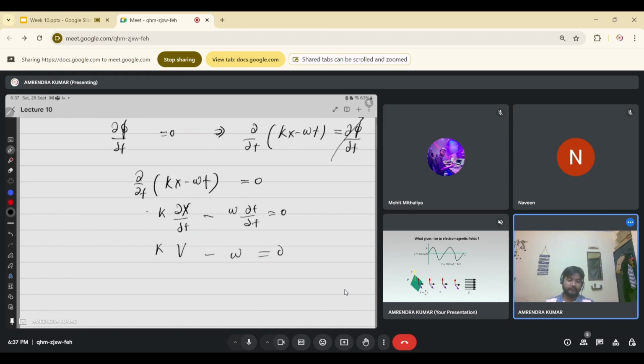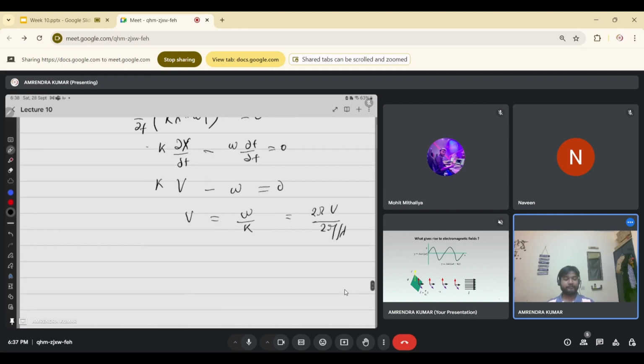So dx over dt, the displacement over the time, the velocity, is omega by k. Just again substitute 2 pi mu and 2 pi by lambda, and the 2 pi cancels out. So the velocity is lambda mu.